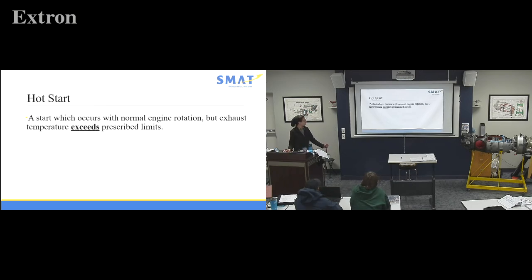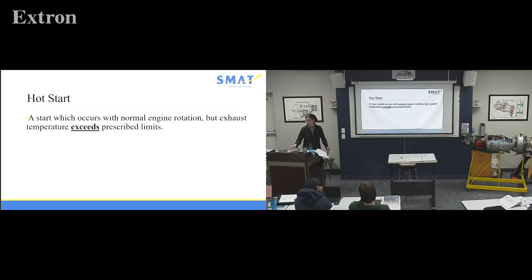A hot start is when you turn the starter, our igniters are producing ignition, we introduce fuel, and all of a sudden our exhaust gas temperature, or on the King Air inter-turbine temperature, shoots through our prescribed limits. Don't want damage, so shut down. An indicator of this is if you have too much fuel flow.